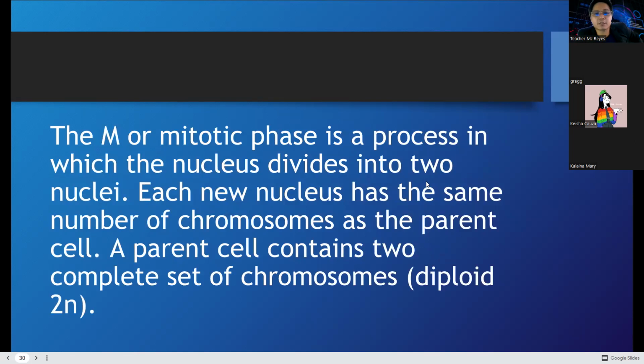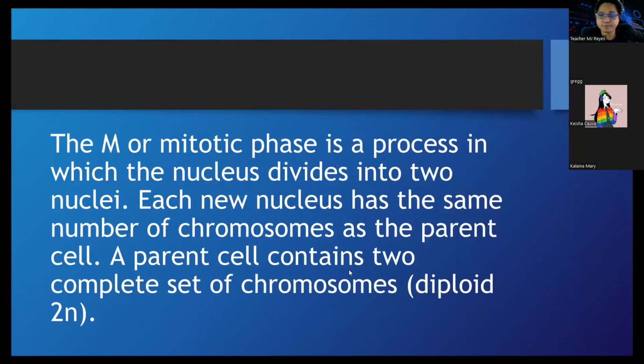The M phase or mitotic phase is a process in which the nucleus divides into two nuclei. Each new nucleus has the same number of chromosomes as the parent cell. A parent cell contains two complete sets of chromosomes. We consider this diploid. It is not haploid because it is complete.